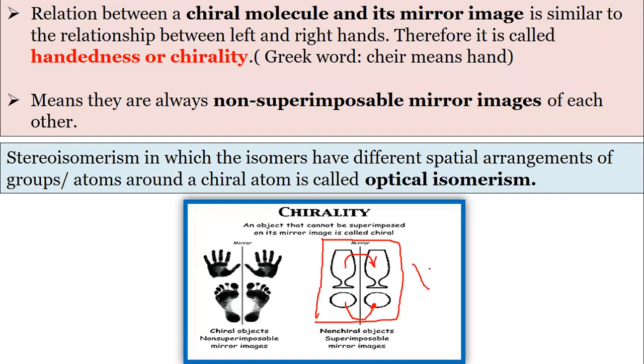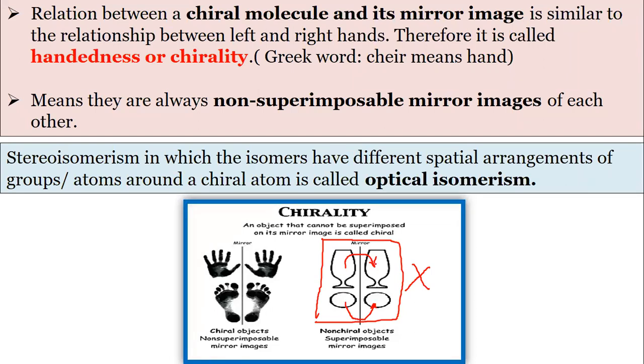So these are non-chiral, because they are superimposable mirror images. They fit on each other.